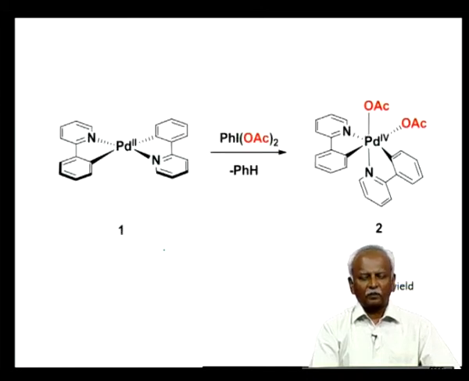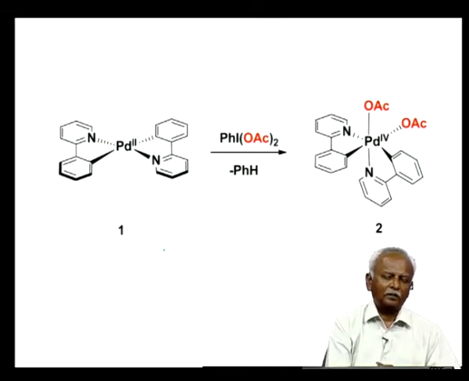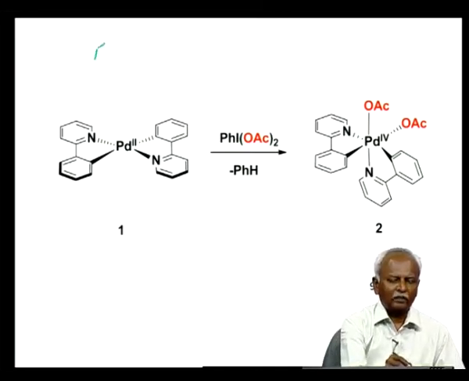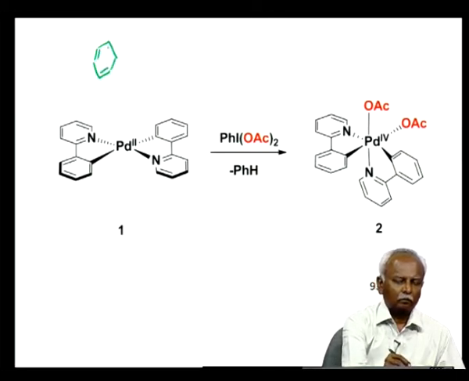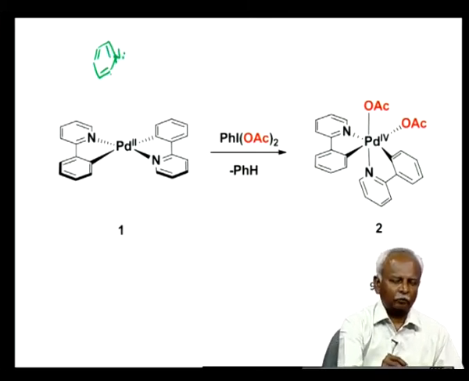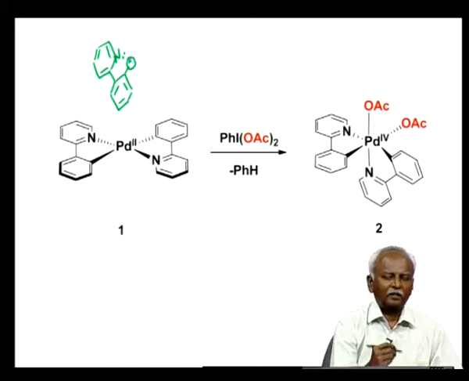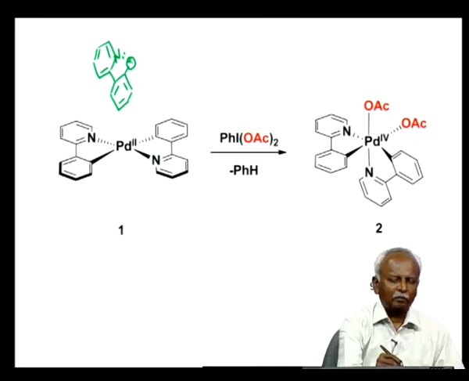So, let us just take a look at this reaction. If you take the bis-cyclometallated product, which is again formally palladium(II) because these are anionic ligands, and you look at this ligand, you have a lone pair on the nitrogen which is coordinated to the metal, and then you have an anionic center which is coordinated to the metal.